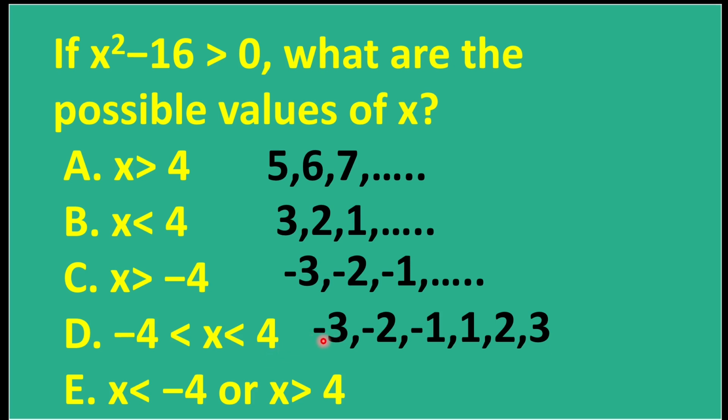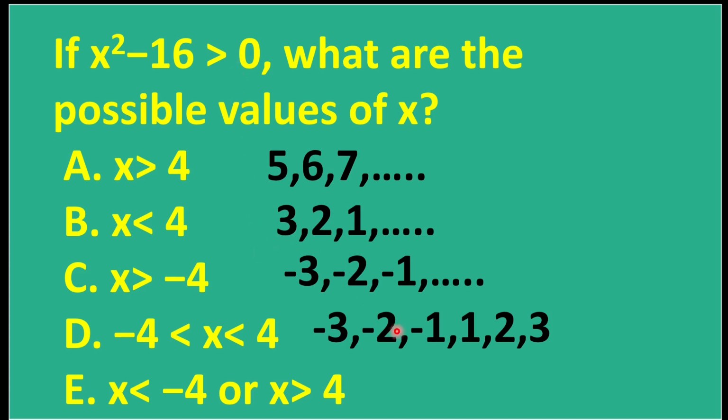If we put minus 3 in this x square, this option will also go wrong, because the whole value will be less than 0, not greater than 0. This will become 9, and 9 minus 16 equals minus 7, and minus 7 is not greater than 0.